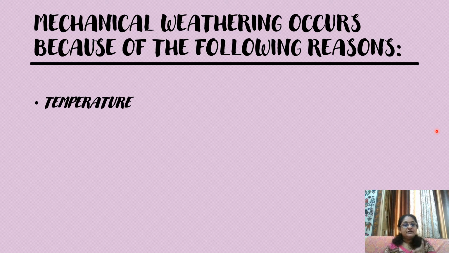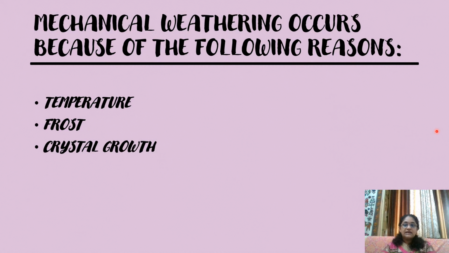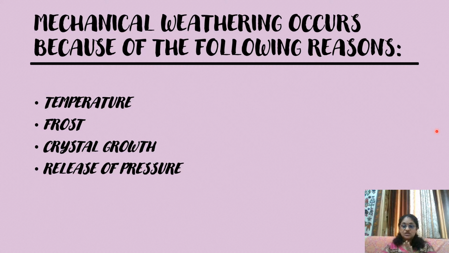Now the first reason for physical weathering to happen is temperature. When the temperature increases or the temperature decreases. Then there is frost. Frost means ice. Then crystal growth. I'll be explaining it to you one by one now. The next is release of pressure.